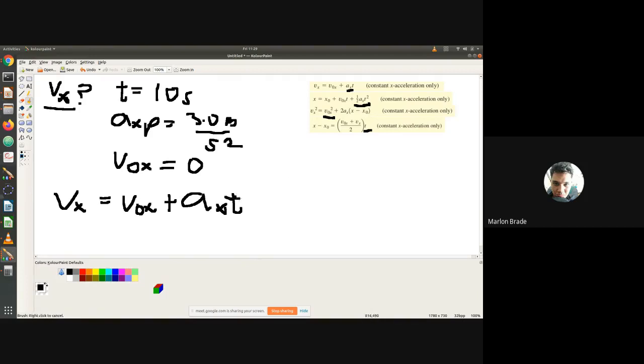So AXT, this is 0 plus AXT. Dapat AXT na siya. So this is 3.0 multiplied by 10. So this is equals to 30 meter per second.